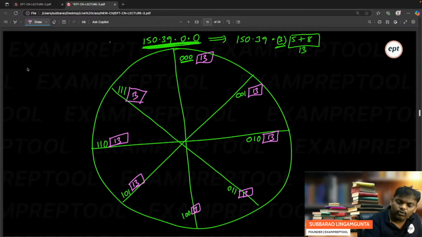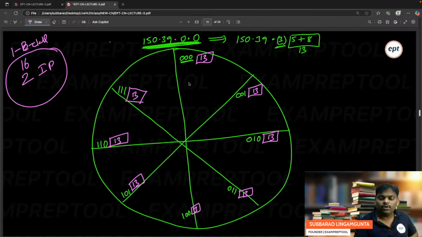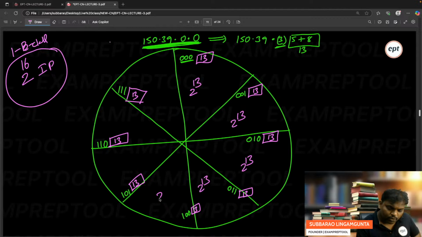Previously, if you observe, for host purpose 16 bits, 2 power 16 IPs per class B. Now if you observe, 2 power 13 IPs here, 2 power 13 here, 2 power 13 here, like that. IPs I am talking about, not hosts.